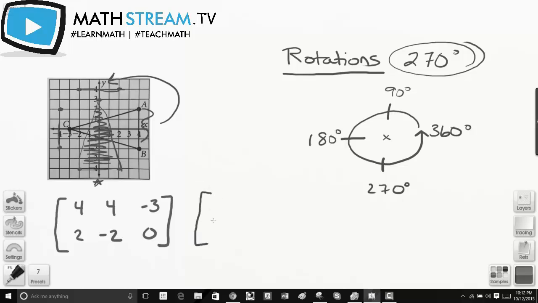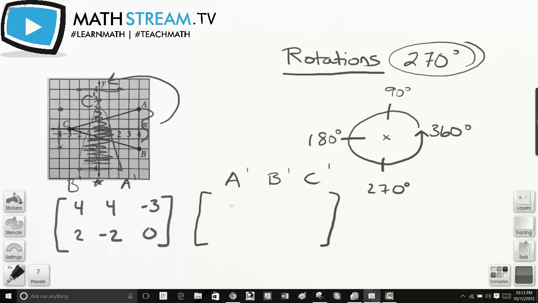Well, how would we write this out? This would again be A prime, B prime, C prime. Well, A has rotated all the way around to here, right? It's moved from here to here to here to there. B has moved to the spot B prime, and then C has moved here to C prime.